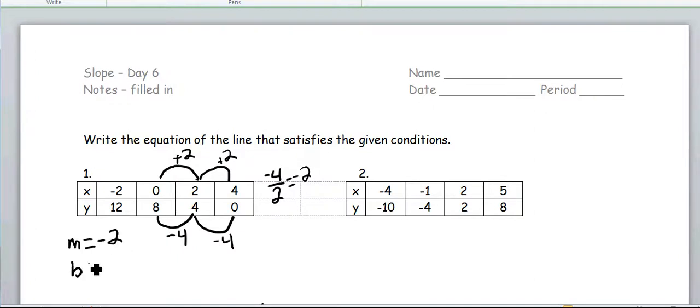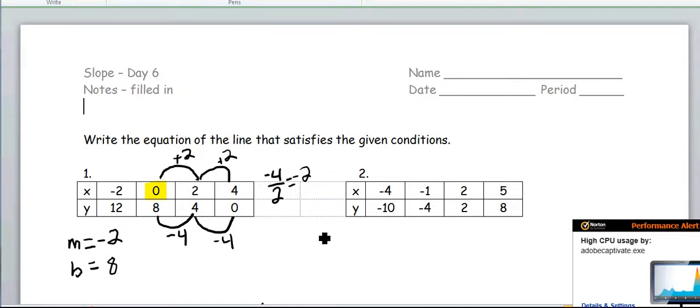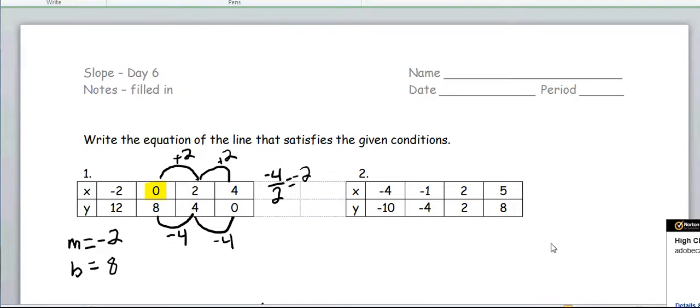Then I'm going to write b equals, and then what I look for is where does x equal 0. That's how I know I'm on the y-axis, because x is always 0 on the y-axis. So I see x is 0, y is 8. Now I can fill in my equation.